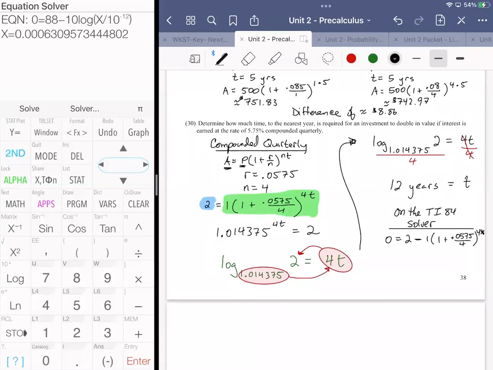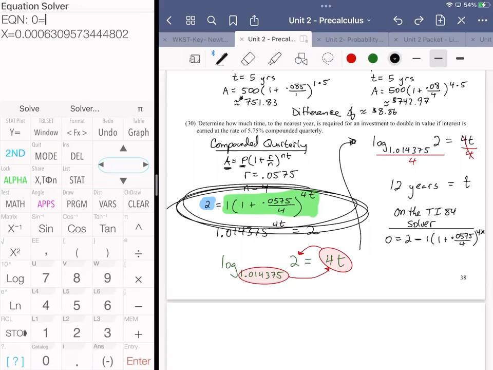But we'll use an X just because that's how the solver understands it. But again, when you're using the solver here and it says equation 0 equals, if you want to get this whole equation in here, you got to get everything over to the same side, right?